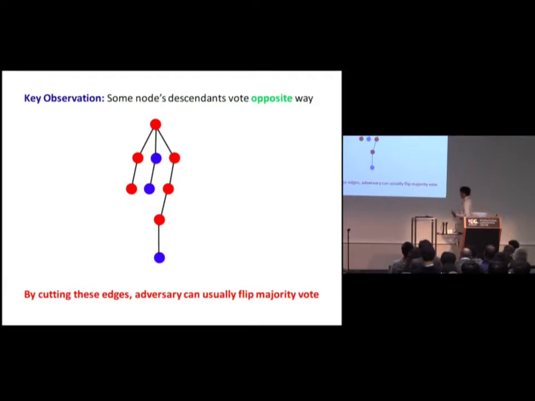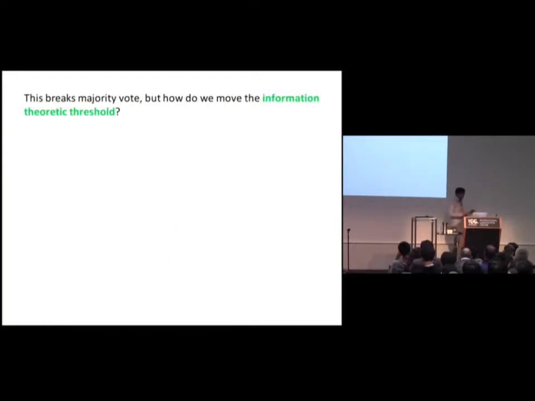So by cutting these edges, the adversary can actually usually flip majority vote near the Kesten-Stigum bound. So this, much the same way, breaks majority reconstruction, the same way that we started off with naive degree counting. When you give me your algorithm, it's pretty easy for me to see the ways that you're over-tuning and come up with these helpful changes that break it.